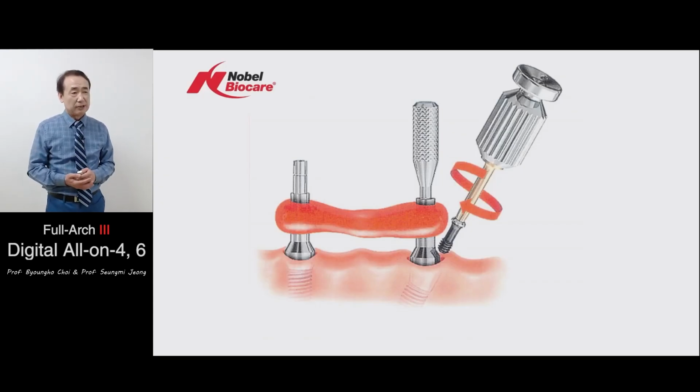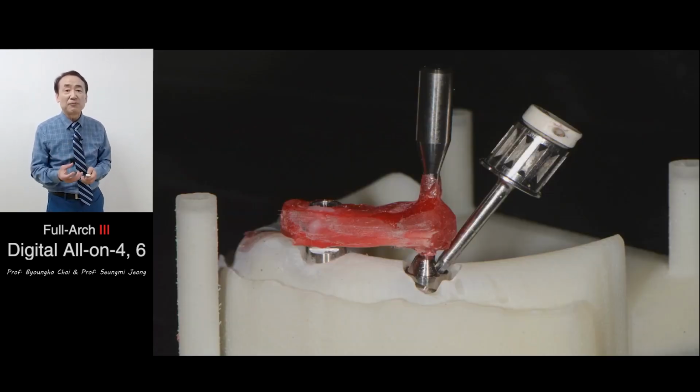Nobel Biocare provides this type of jig to connect the angulated abutment to the implant. You can fabricate the jig on the model using pattern resin.